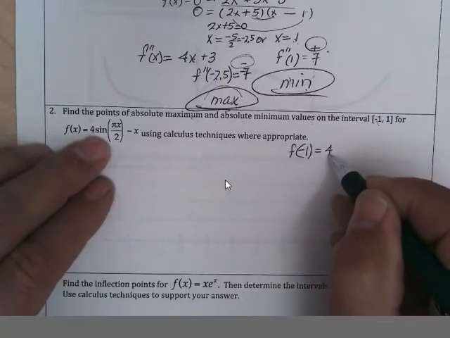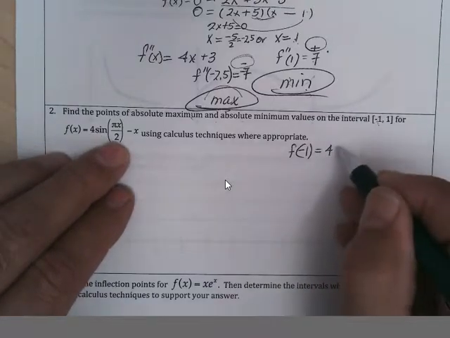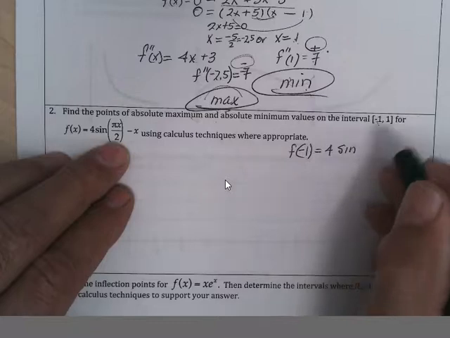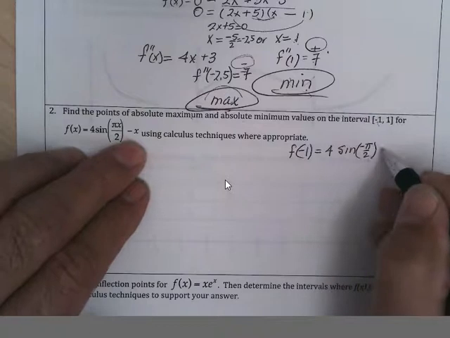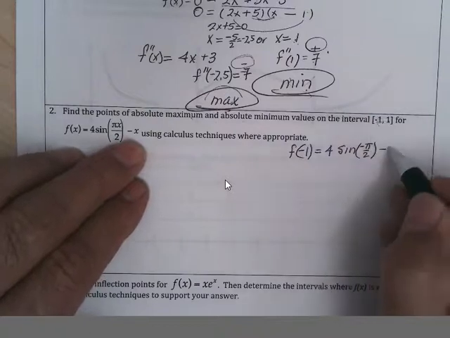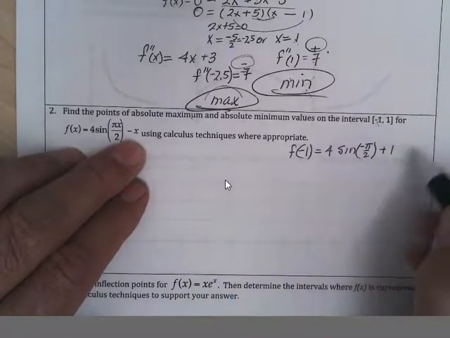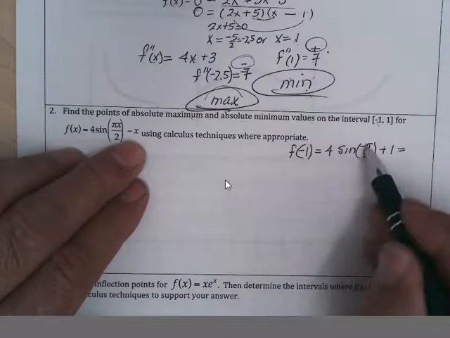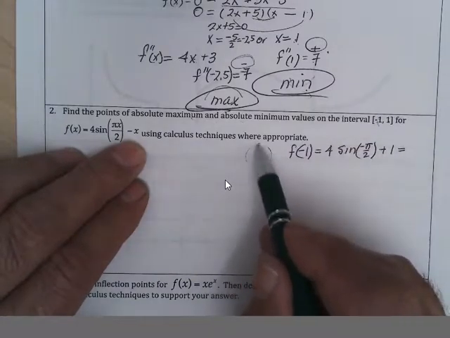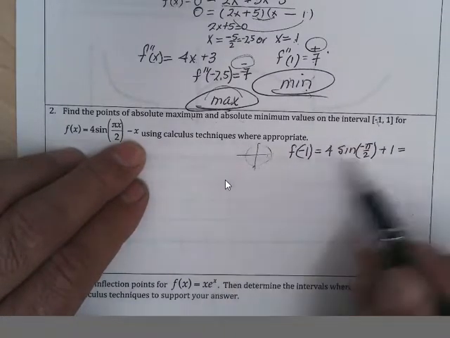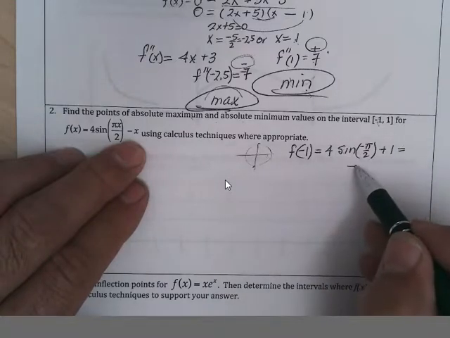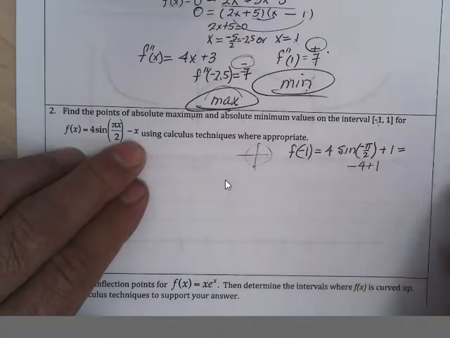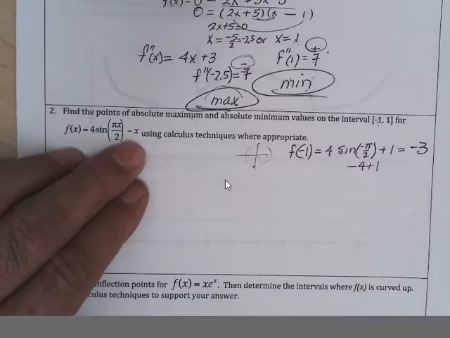I get 4 sine of -1 times pi over 2, which is minus pi over 2, minus a -1 is +1, and that works out to be the sine of minus pi over 2. Minus pi over 2, the sine is -1, times 4. It's -4 plus 1, which is negative 3.